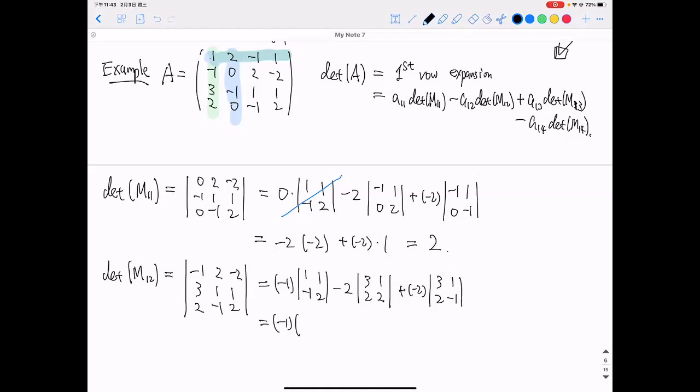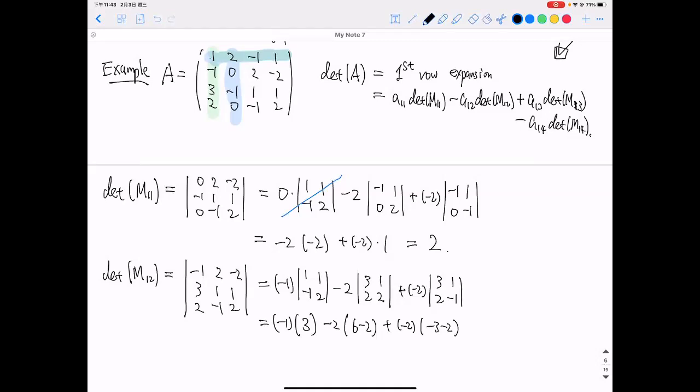Then we proceed. Minus 1 times, what is this? 2 minus negative 1, so 3. Minus 2. 6 minus 2. Plus negative 2. Minus 3 minus 2.